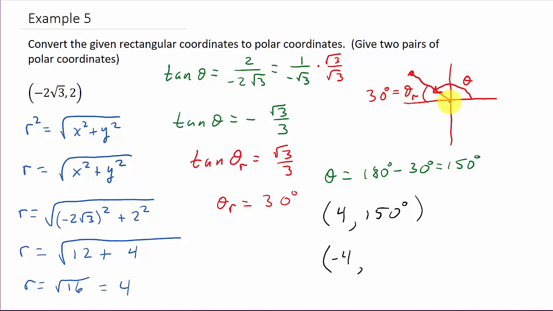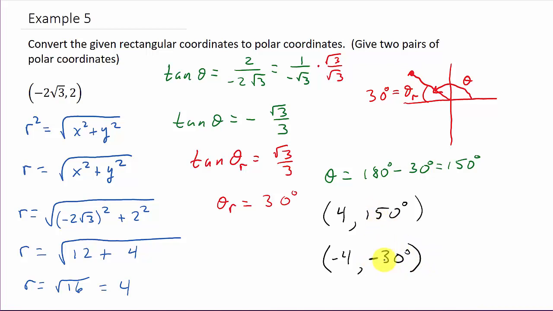Okay, so I would go 4 units in the negative direction, and then I have to rotate to get to this point. Well, how much did I rotate? 30 degrees. Okay, but notice when you rotate in a counterclockwise direction, your angle's positive. But what did I do? I rotated in a clockwise direction, so that means it would be -30 degrees, and both of these are correct.